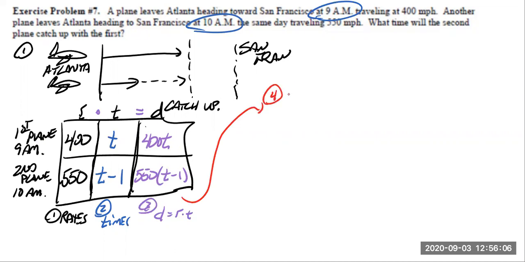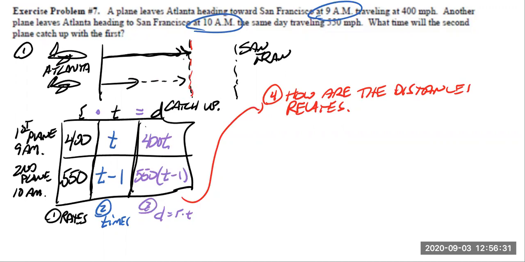And now we're going to take these expressions and think about step 4: how are their distances related? If we think about what we're after here, we go back to our diagram, and I eventually want to know when they catch up. So this represents the distance of the first plane from here to here, and for the second plane, the distance would be from here to here.